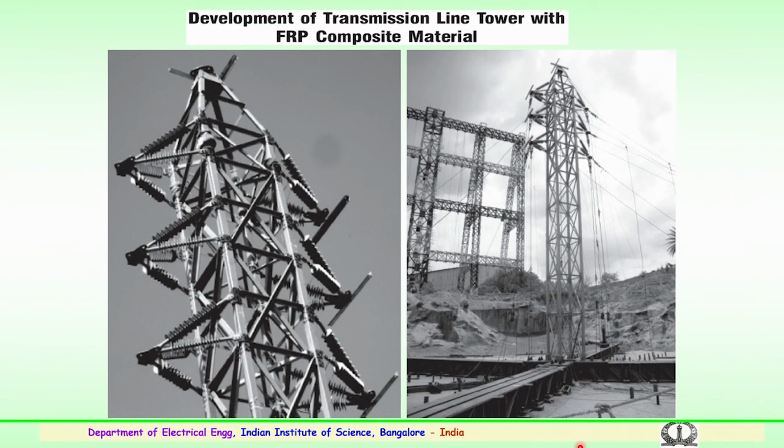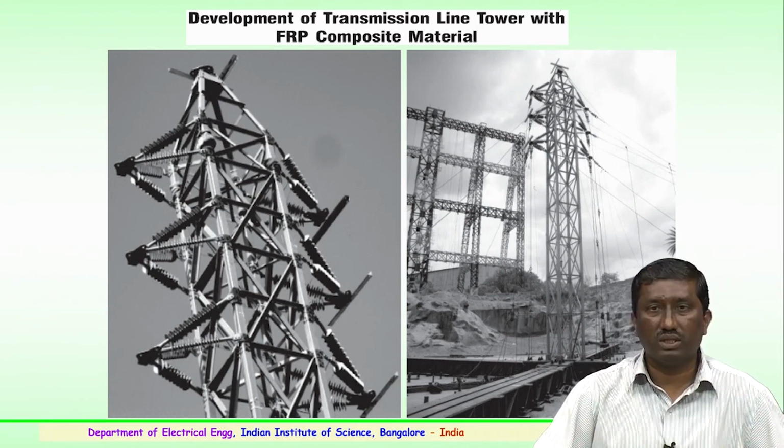A lot of activity is going towards the development of fiber reinforced plastic composite material being adopted. So, research is in progress towards special towers for very high voltage transmission systems.